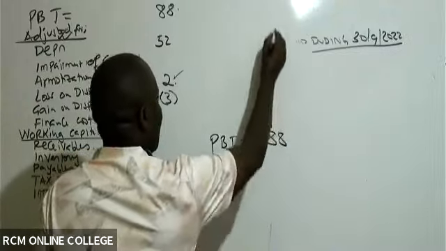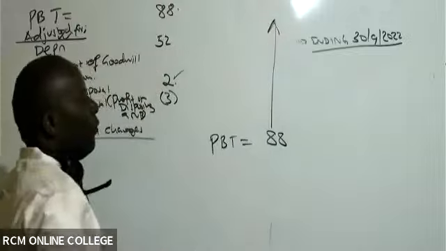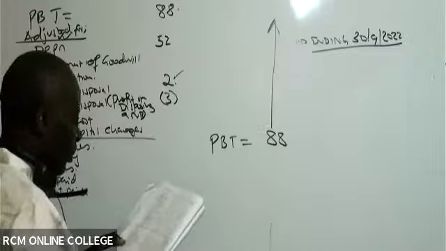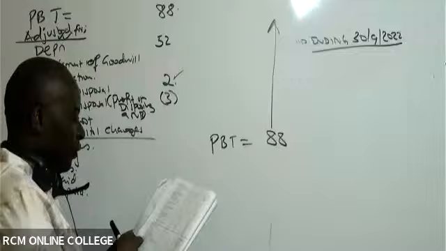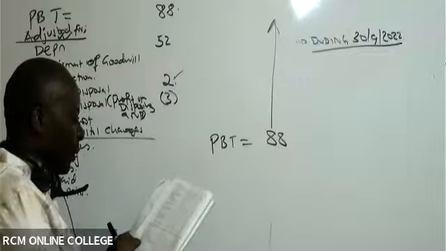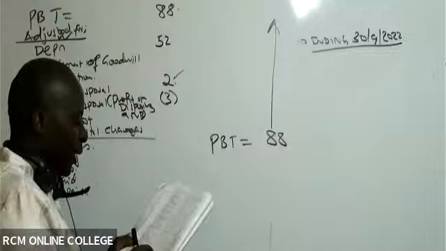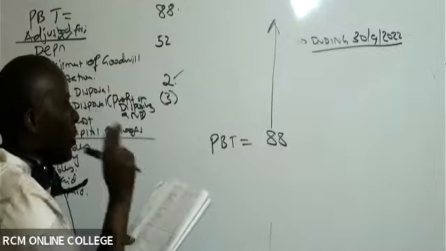Now you look north, you look up, for any non-operational item. I can even start from revenue.